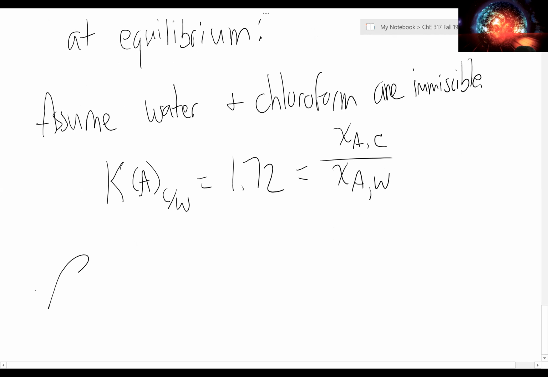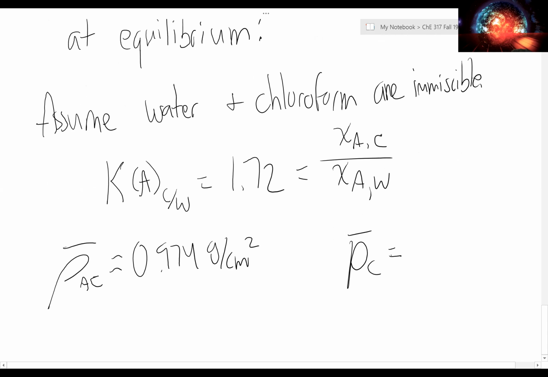And the density of the acetone-water mixture is about 0.974 grams per cubic centimeter. And the density of the chloroform is 1.489 grams per cubic centimeter.